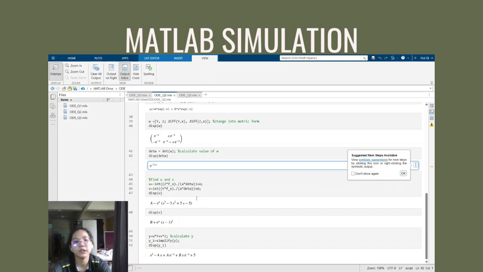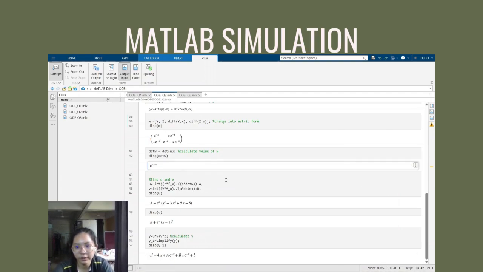This is the formula given, and we also display the values of u and v for our manual calculation checking. We calculate the solution of y by using y times u plus v times z, and we simplify the answer to get the exact number as the solution.